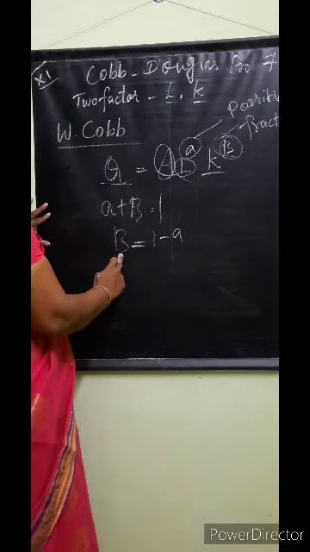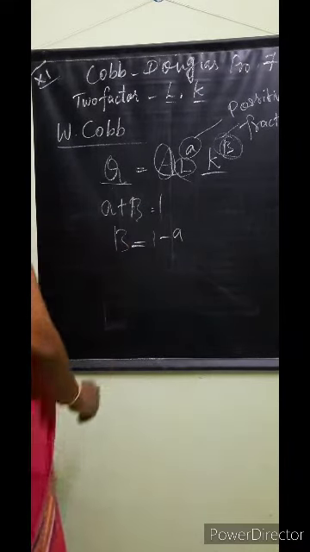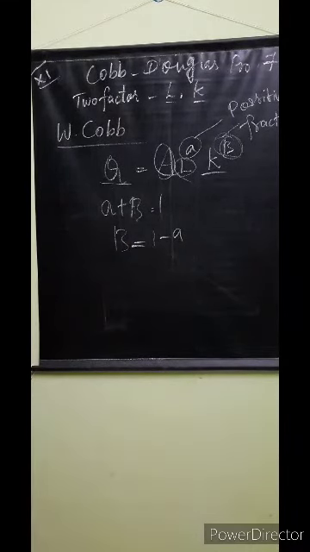If you want to calculate beta, it is 1 minus alpha, isn't it? Alpha plus beta is equal to 1, so beta is 1 minus alpha.